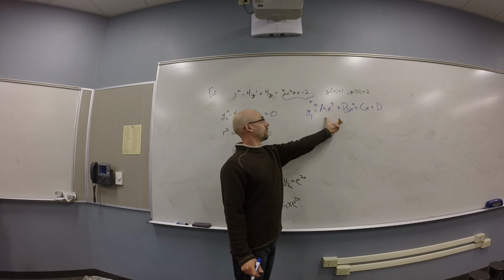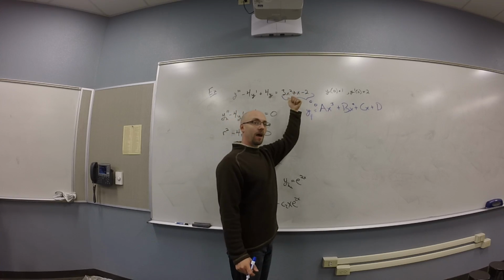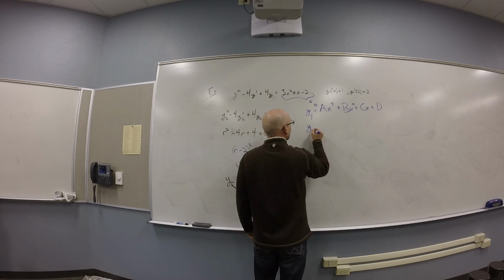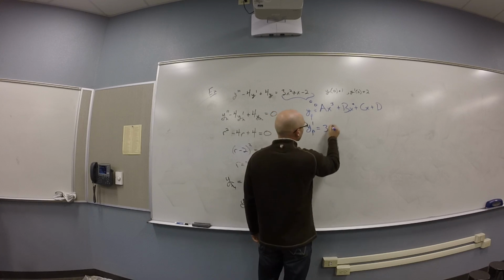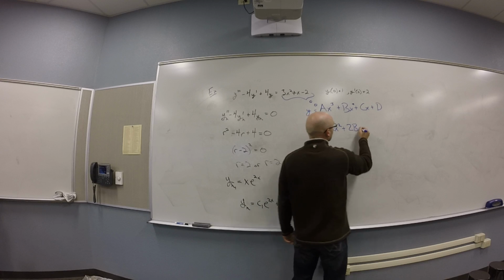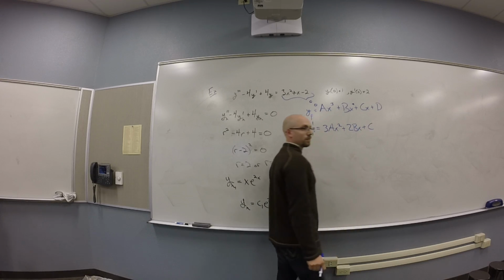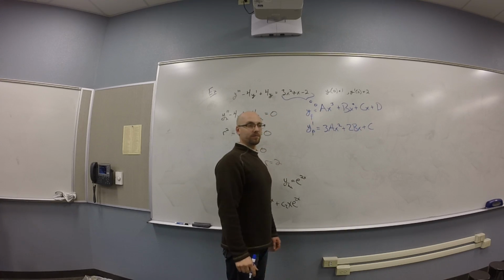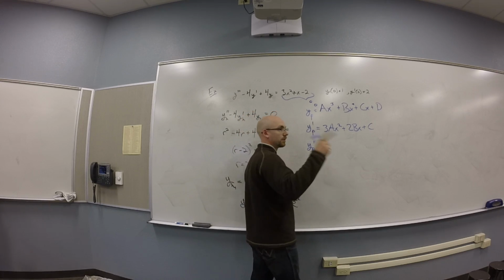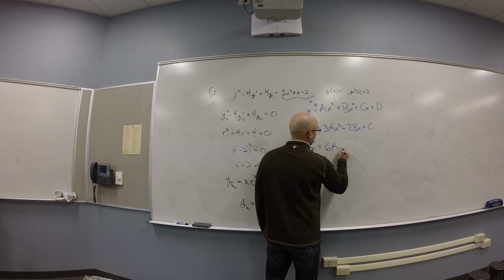So to check whether this yp solves that, what do I need to do? Differentiate a couple of times. So yp prime is 3ax squared plus 2bx plus c, and then yp double prime is 6ax plus 2b.